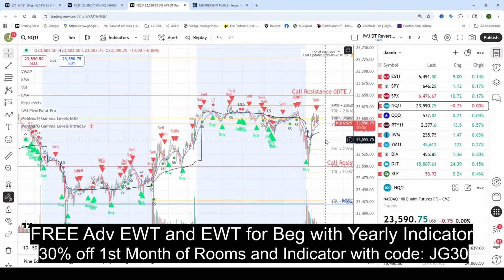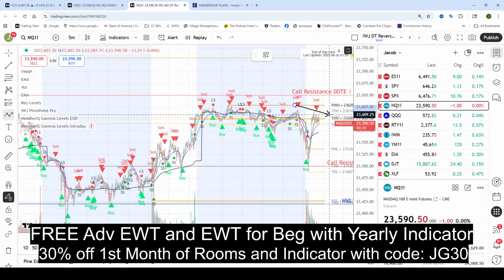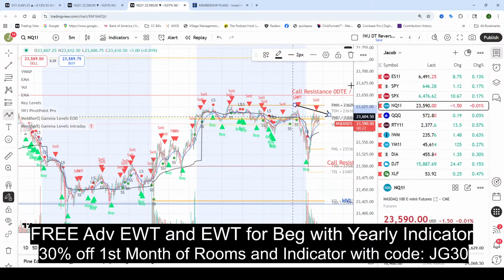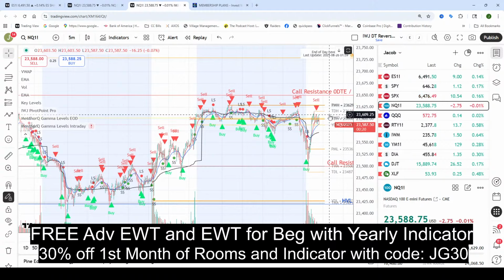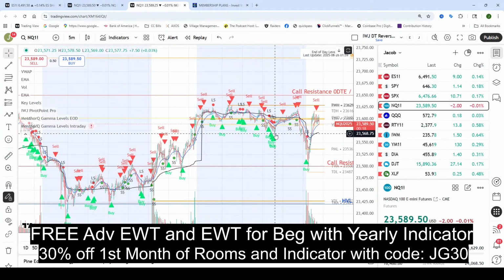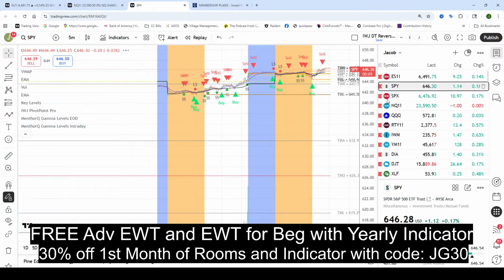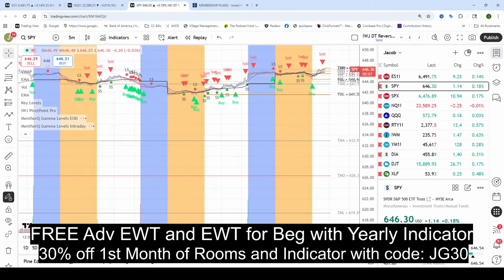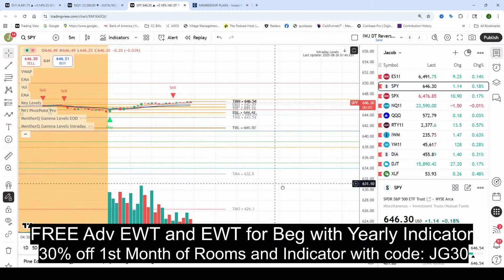That's not a pattern I trade very often. I believe you want this neckline sloping the other way, sloping up. But I suppose it's possible. It's certainly not impossible for them to hold support right here at 23,570 and then go higher. So yeah, it's possible. I don't know that I'd call it a head and shoulders per se, but again, I'm not a head and shoulders expert.